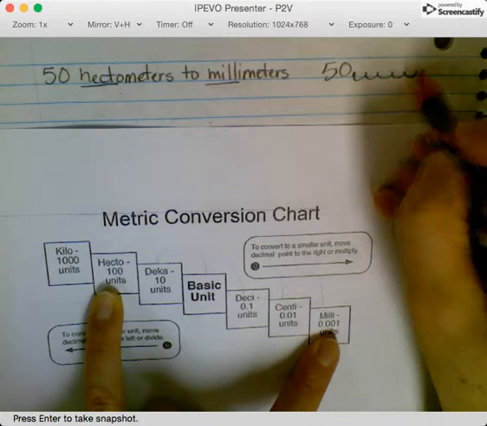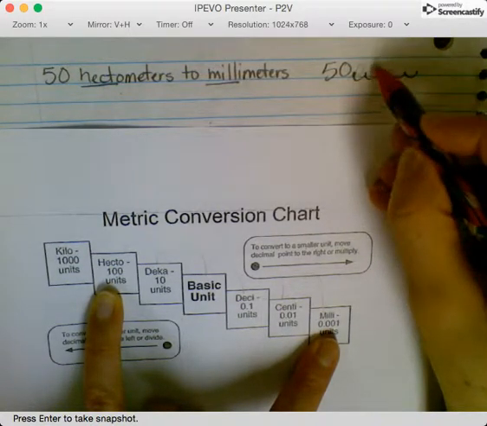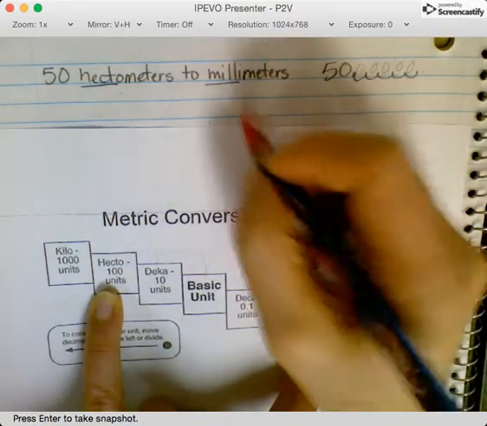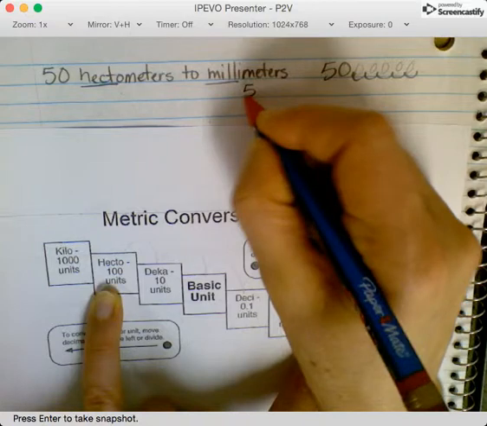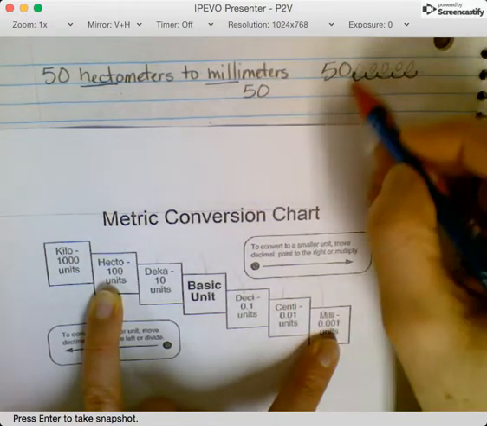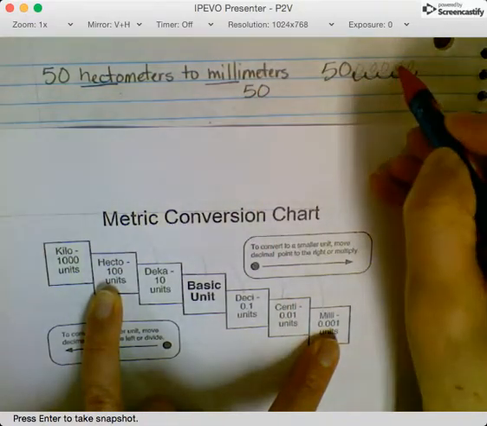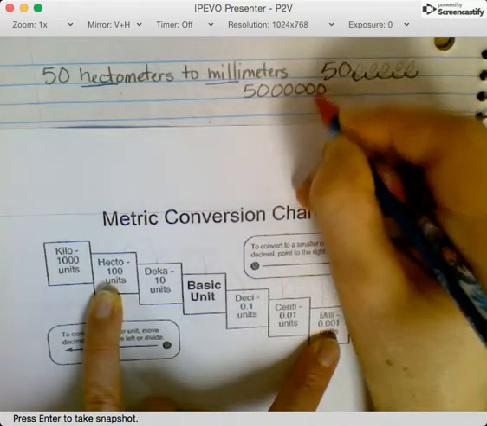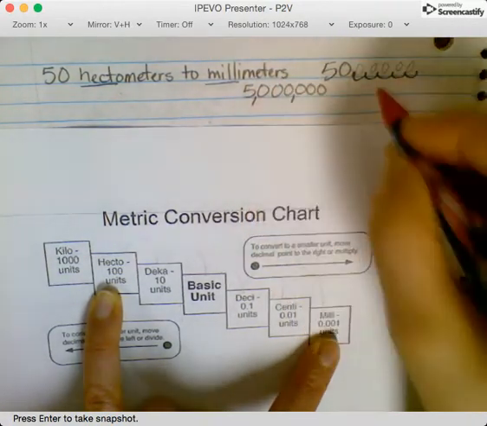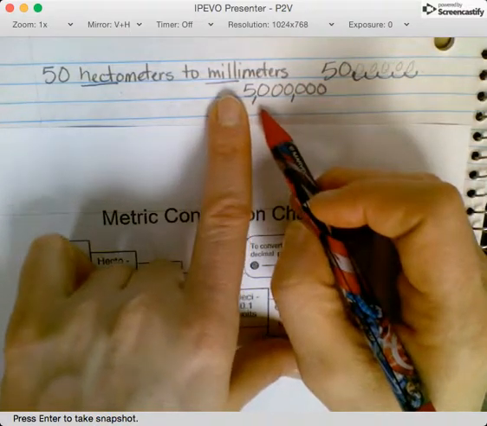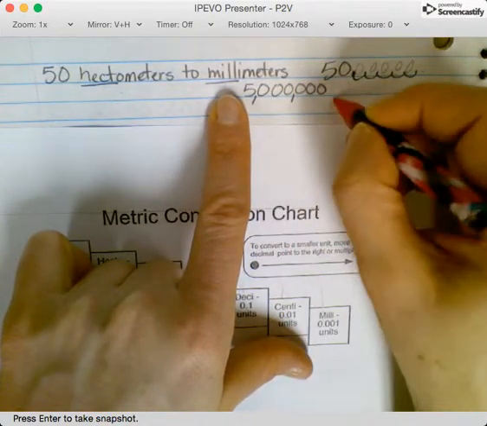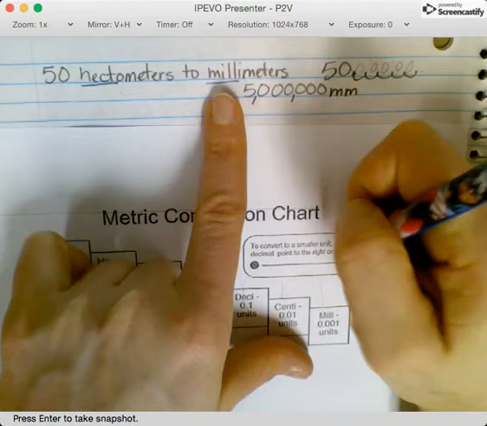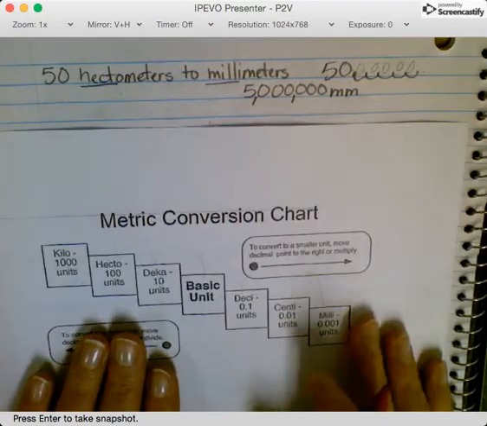All of these hop places, I just put zeros if there is nothing there. So that would be 5 with 1, 2, 3, 4, 5, 6 zeros. I put commas every 3, so that makes this 5 million. And then my label is millimeters. The abbreviation is mm.